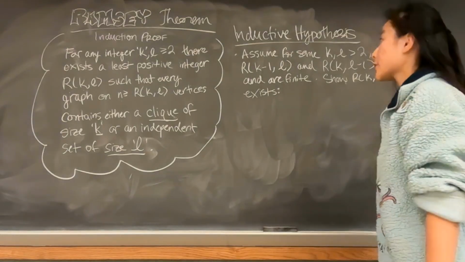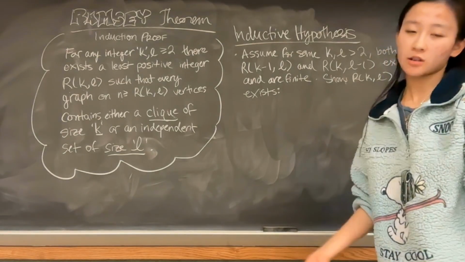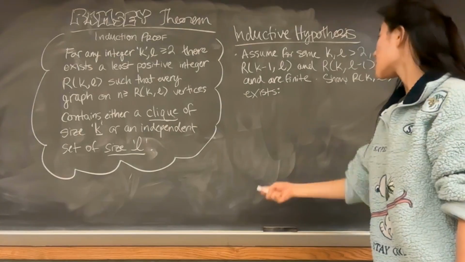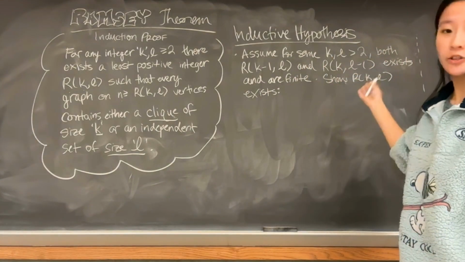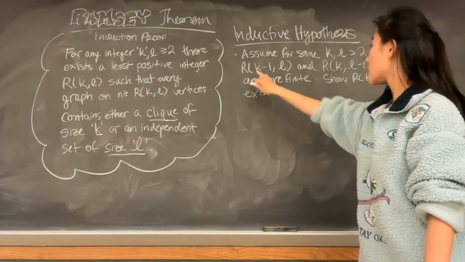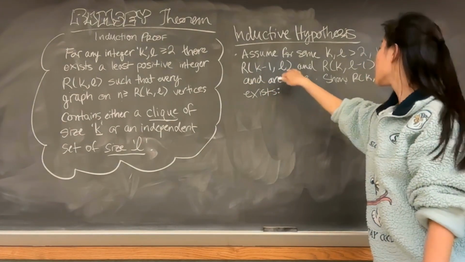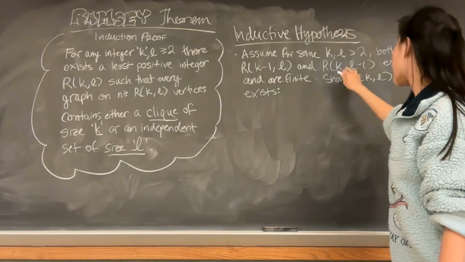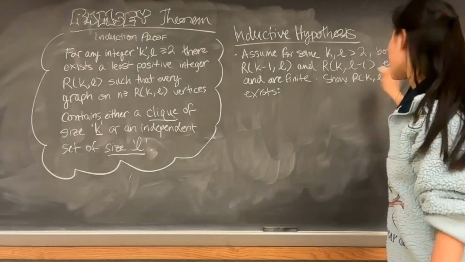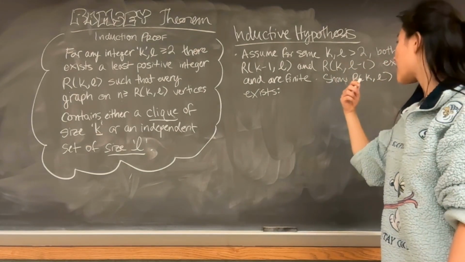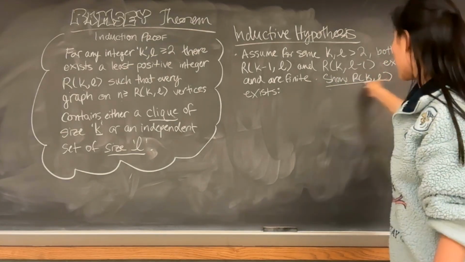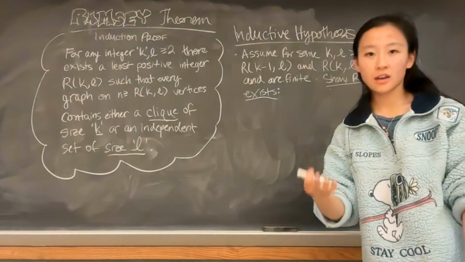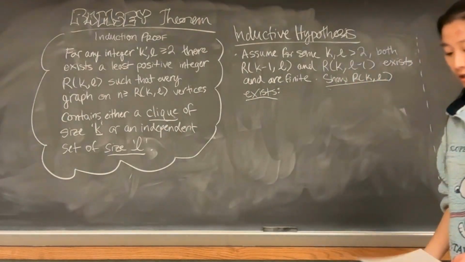So, our inductive hypothesis for the Ramsey's theorem inductive proof states, assume for some k, l greater than 2, both R(k-1,l) and R(k,l-1) exist, and they are both finite. Show that R(k,l) also exists and is finite.